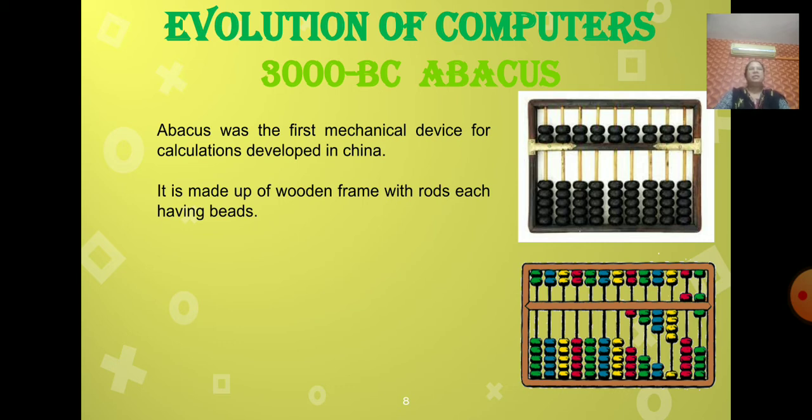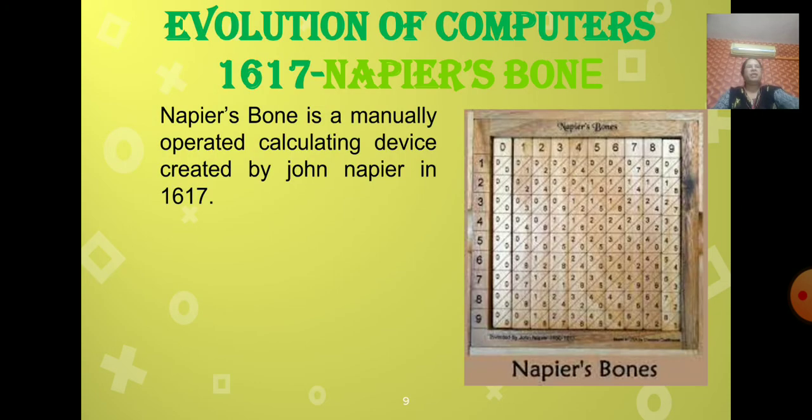It is made up of a wooden frame with rods, each having beads. The upper part is known as heaven, having two beads, and the lower part is called earth, which consists of 5 beads. It is used for addition, subtraction, multiplication and division.